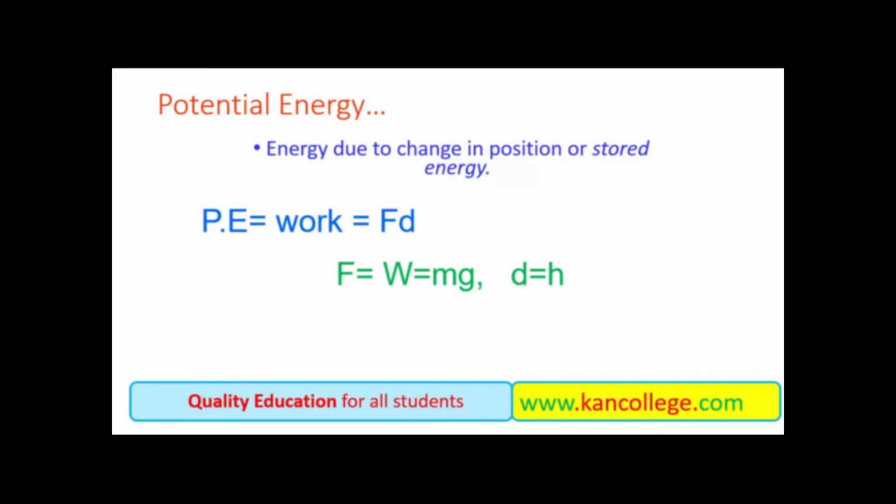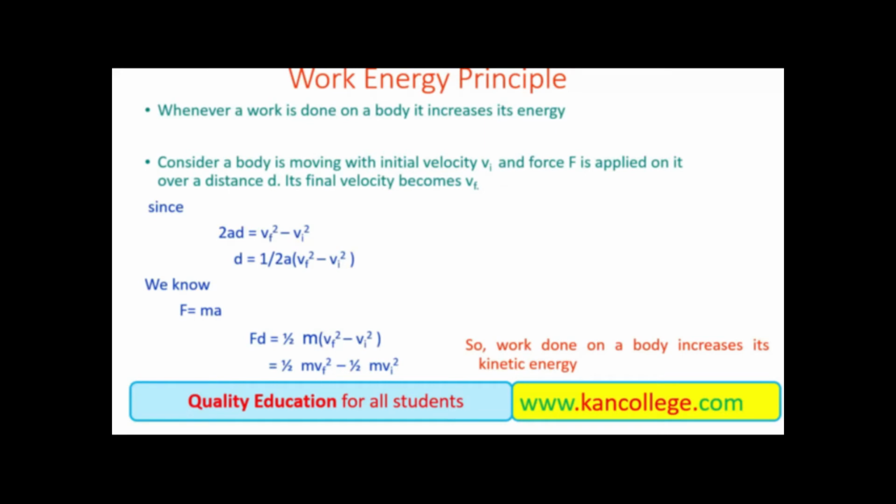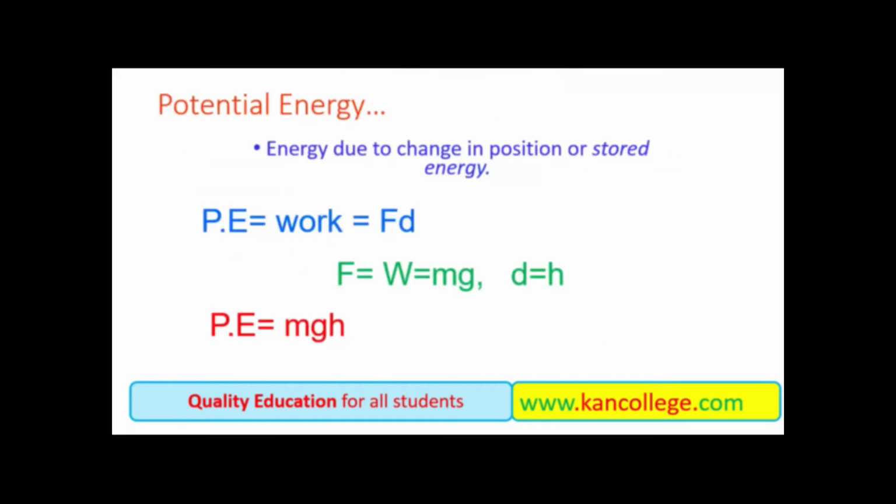As the force is the weight force, W is equal to mg, and the distance is h, the height. So that work will be equal to mg into h. And this work is actually the potential energy which is stored in that body.